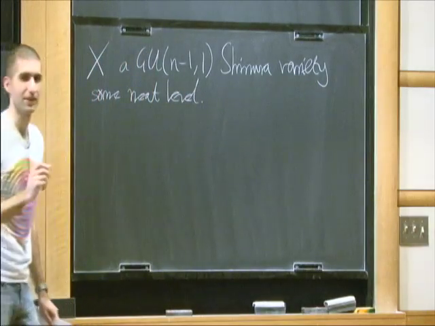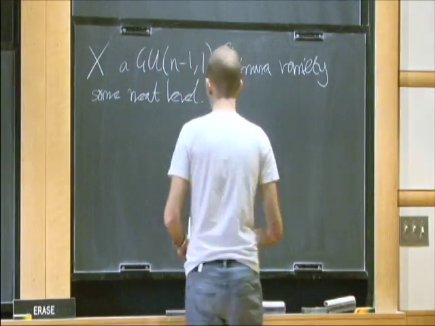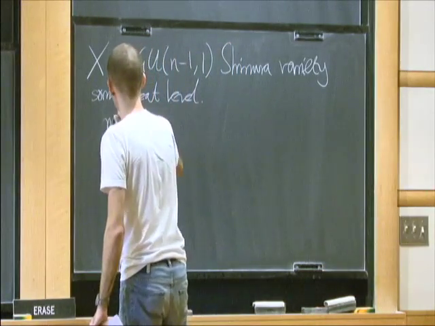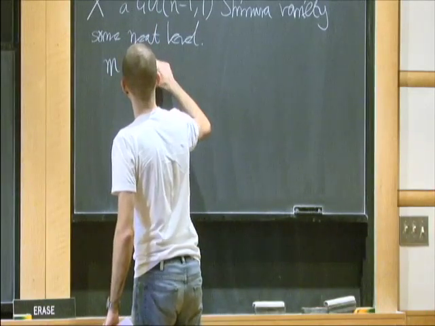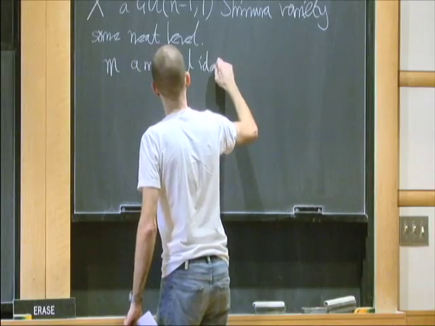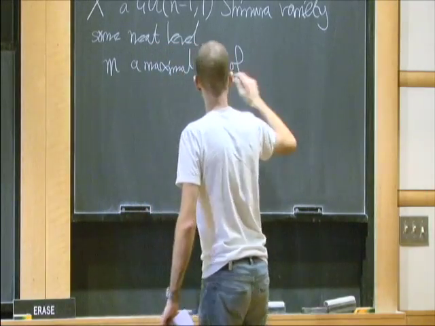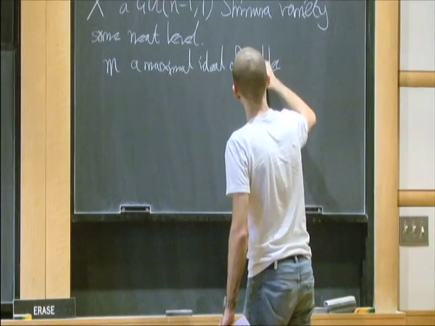And in particular, there was no assumption about the ramification of the level at P or anything like that. M, a maximal ideal of a Hecke algebra T, or the Hecke algebra if you like.